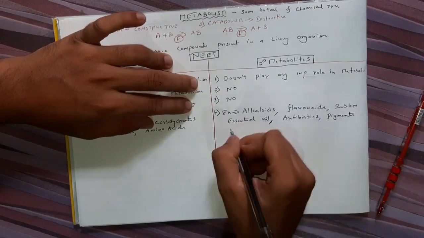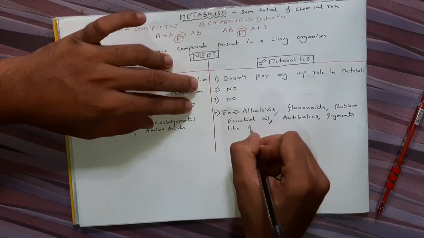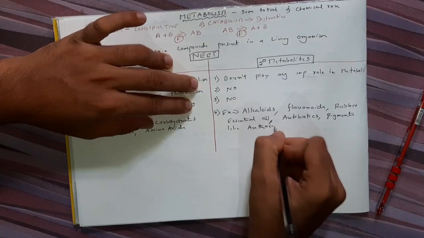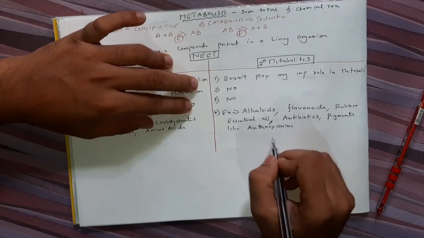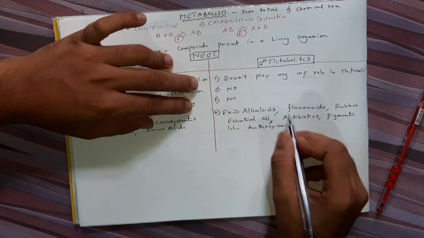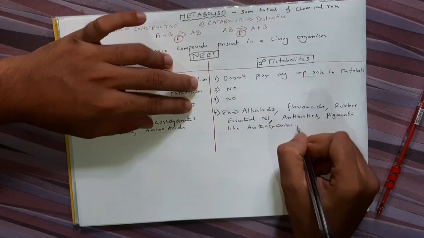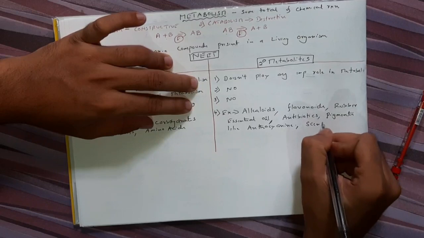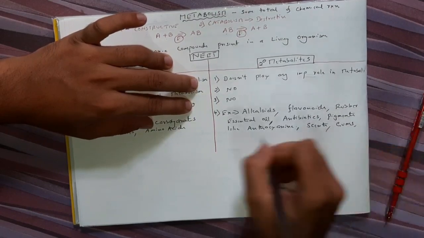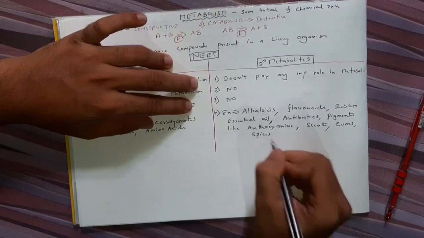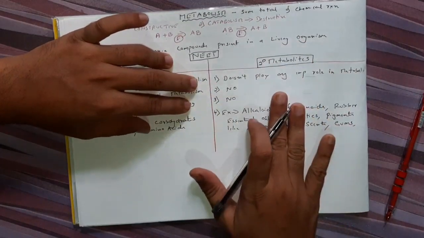Pigments like in beetroot, you see this type of chemical called anthocyanin. There is no specific role for anthocyanin in beetroot, so it is a secondary metabolite. Or even scents, perfume, gums, even the spices. Please note down all these points. Actually, these are all examples for secondary metabolite.